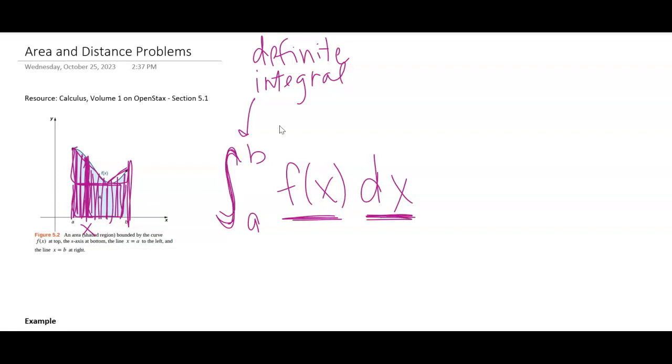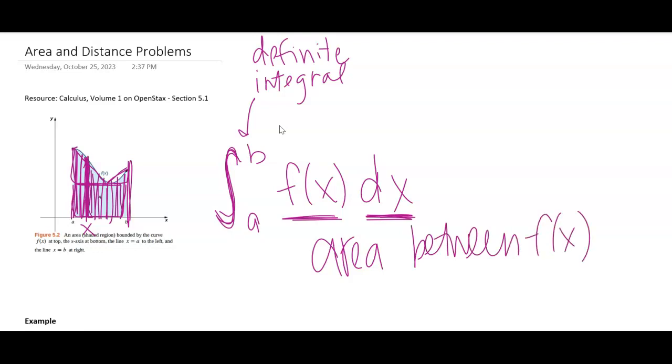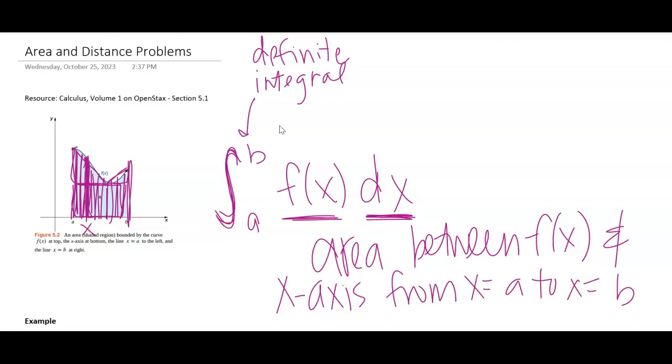And then you want to add all of those up across that interval. This is going to find you the area. Okay. And in particular, it's going to find you the area between f of x and the x-axis from x equals a to x equals b.